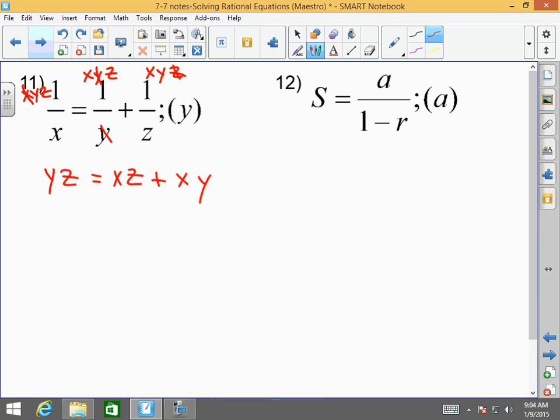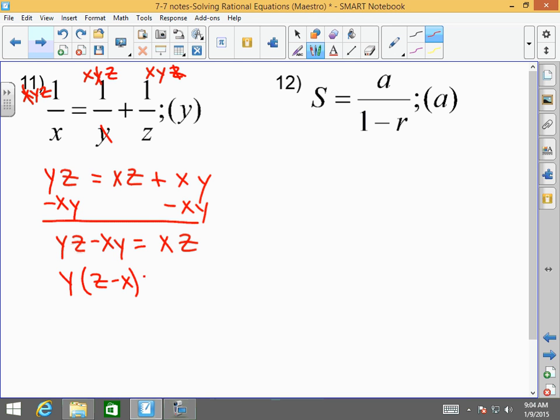Now, here's where a lot of people get confused. Do you see how I have a y on both sides of the equation? Bring them both together. Now I have yz minus xy equals xz. Factor out a y, my brothers.